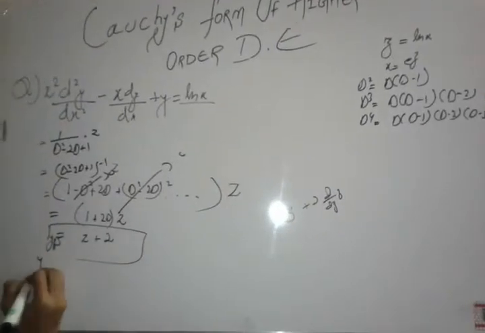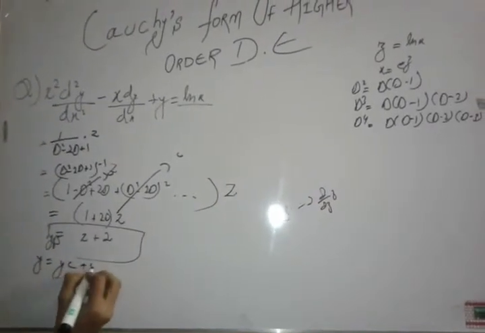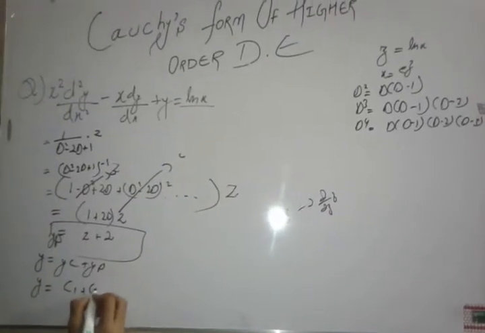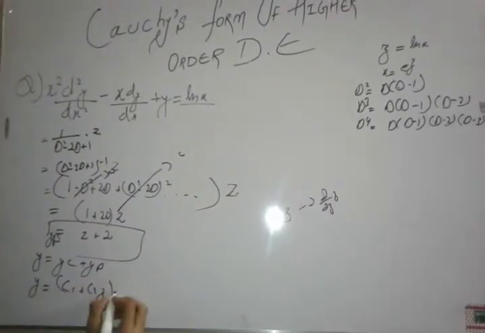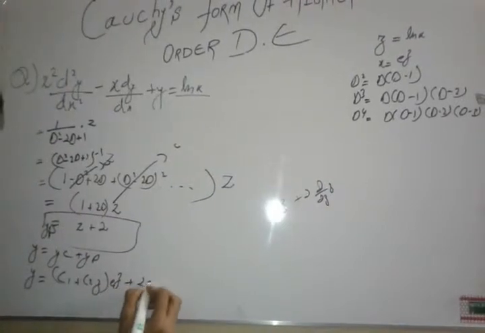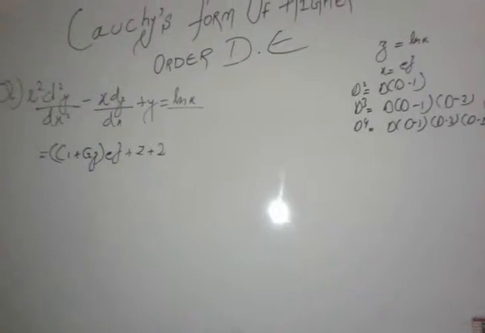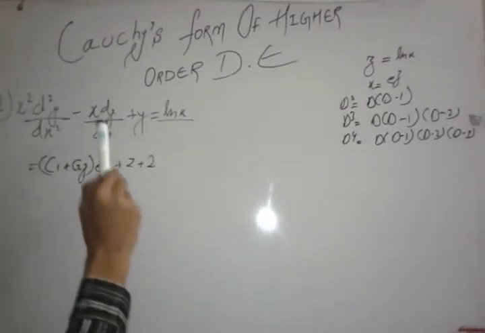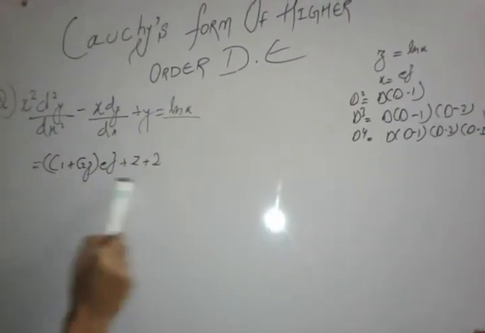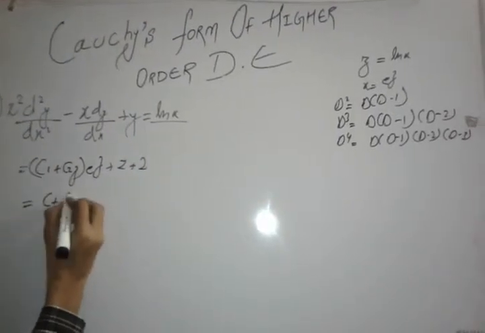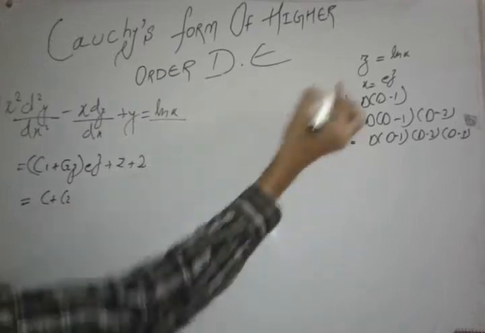Now we know that y is equal to yc plus yp. Since we have got our yc, it is (c1 plus c2 z) e to the power z plus z plus 2. Now we know that we had this question previously in terms of x, so we will write this in terms of x. It will be c1 plus c2 z, where z is equal to ln x, as we know.